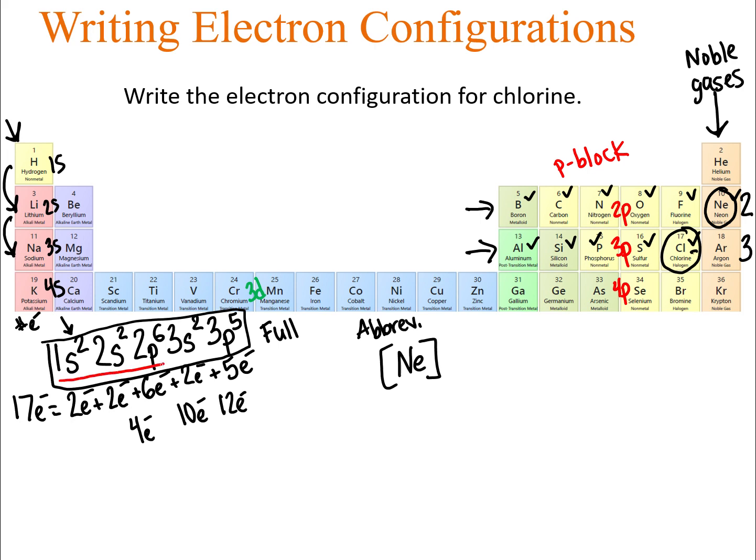So what I just underlined, 1s2, 2s2, 2p6, because that's the configuration for neon. And what we're saying here is chlorine has everything that neon has, plus this other stuff. Hopefully the colors will help you.